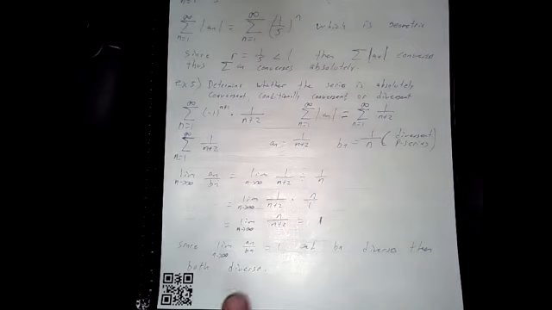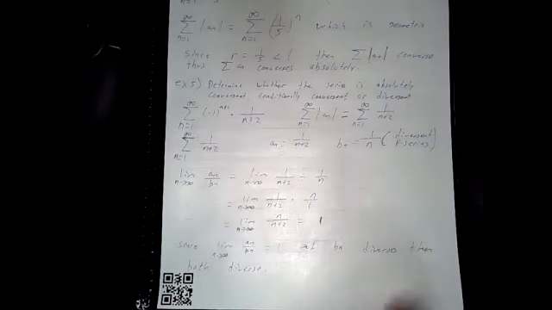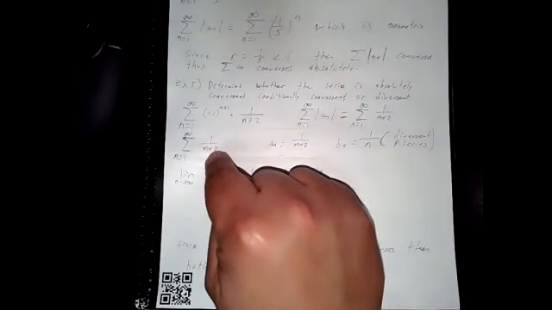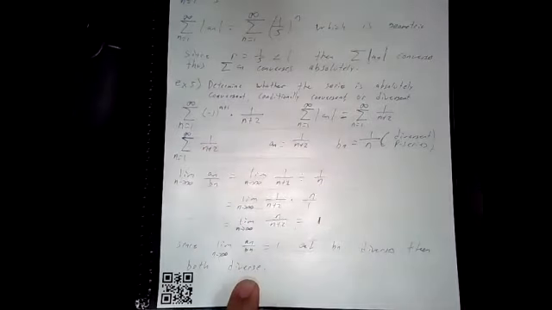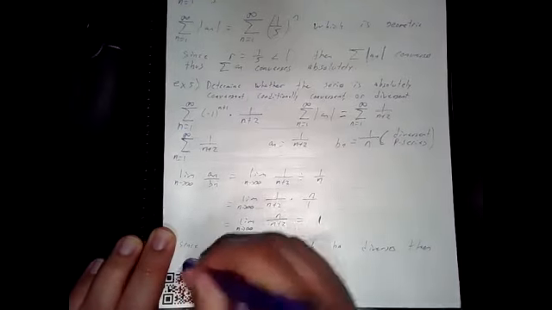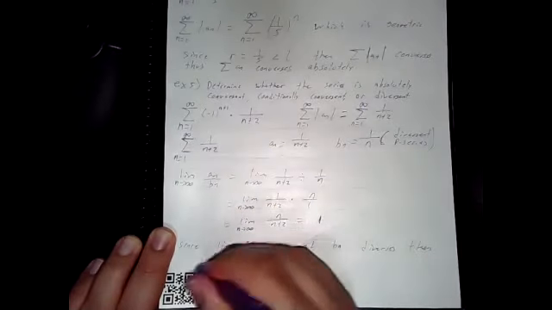But that doesn't tell us anything about the original. I should probably phrase this a little better. If this was the question, then yes, we would be able to say this. But that's not the question. The question is this one, the alternating piece.